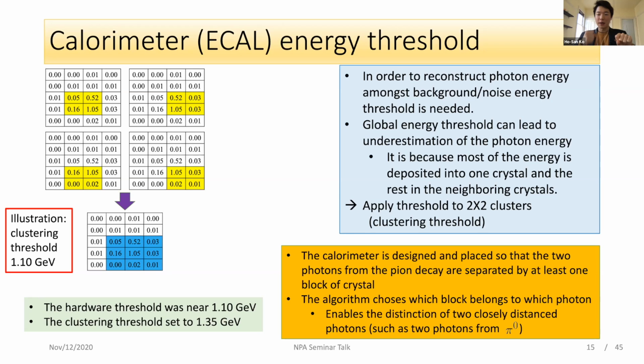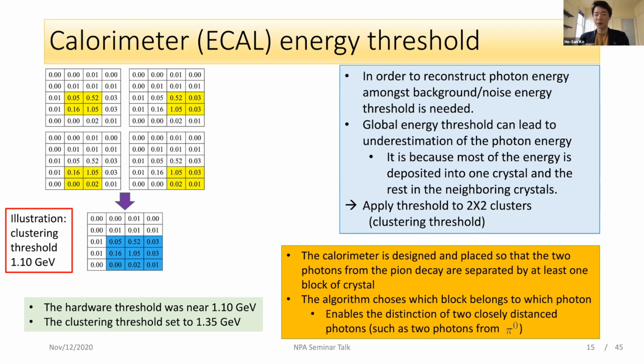The hardware threshold is the threshold that is given by the mechanical or electrical design of each PMT and crystal. When we build a calorimeter, each PMT has different properties, also depending on the crystal. So there is a certain threshold in the electronics: where the particles hit below a certain energy, we won't detect anything, and above a certain energy, we start to detect energy.